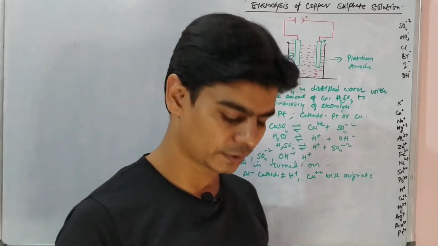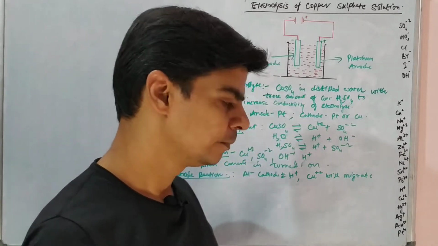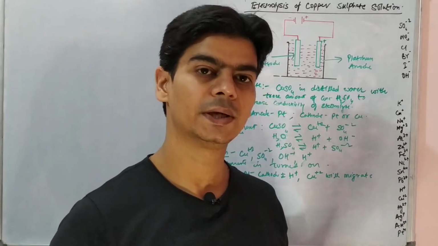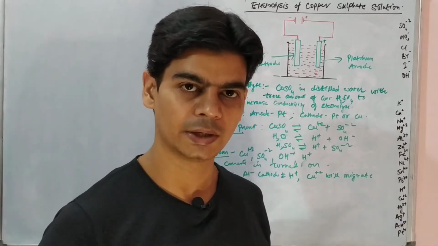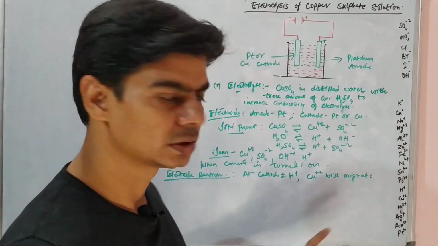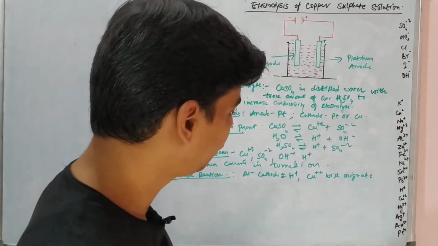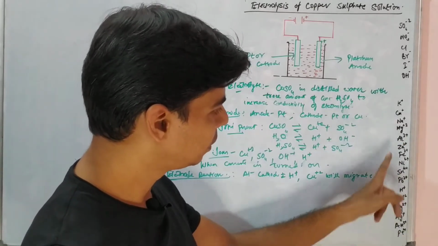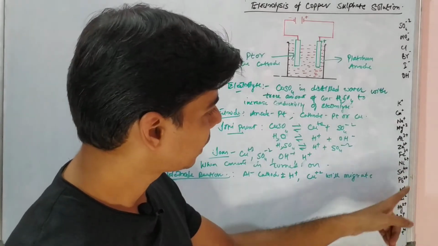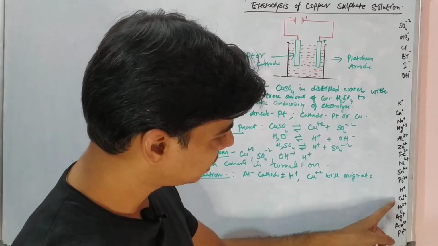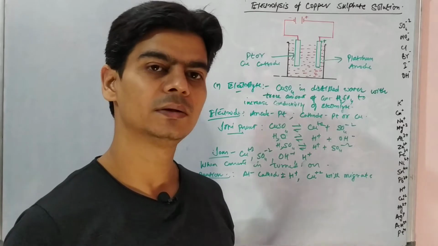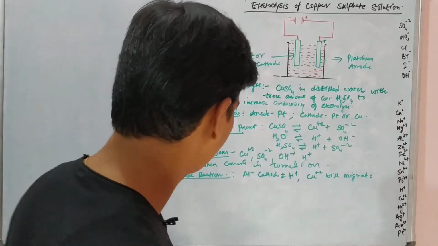We know that the metal ion which is below in the electrochemical series gets preferentially discharged. Hydrogen is here, copper is here, so copper will selectively discharge at the cathode.